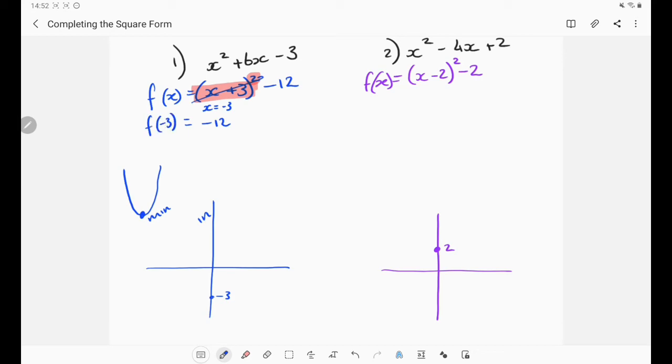So when x is minus 3, you are left with just minus 12. And that tells you your turning point. Your turning point is minus 3 for the x and minus 12 for the y. If you were asked for your axis of symmetry, you would be able to say x equals minus 3.